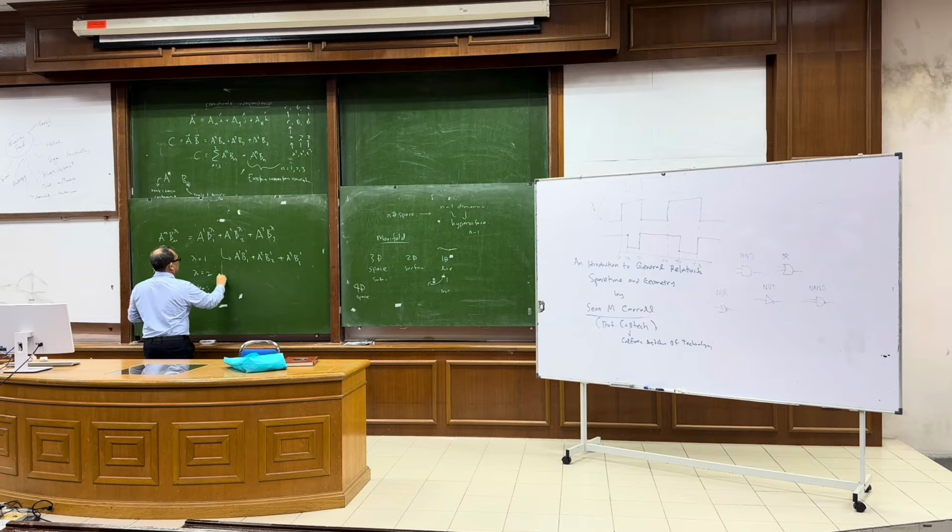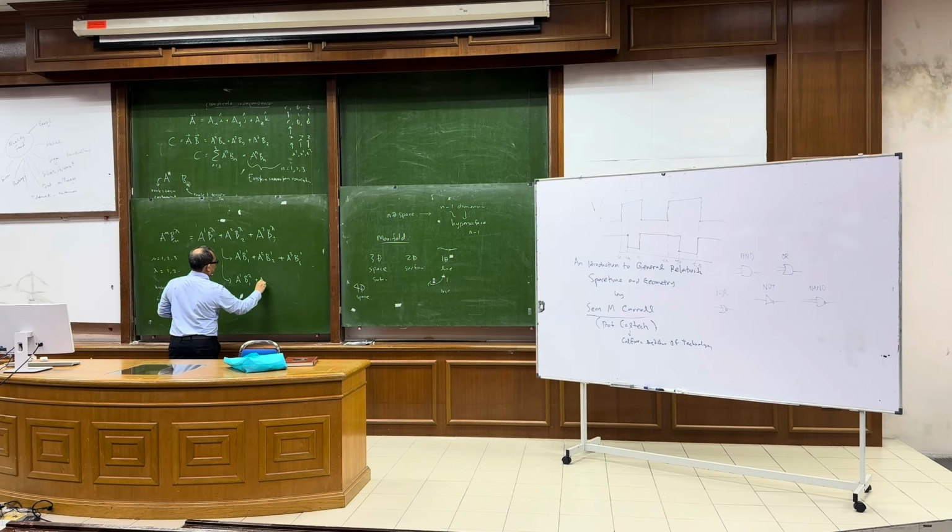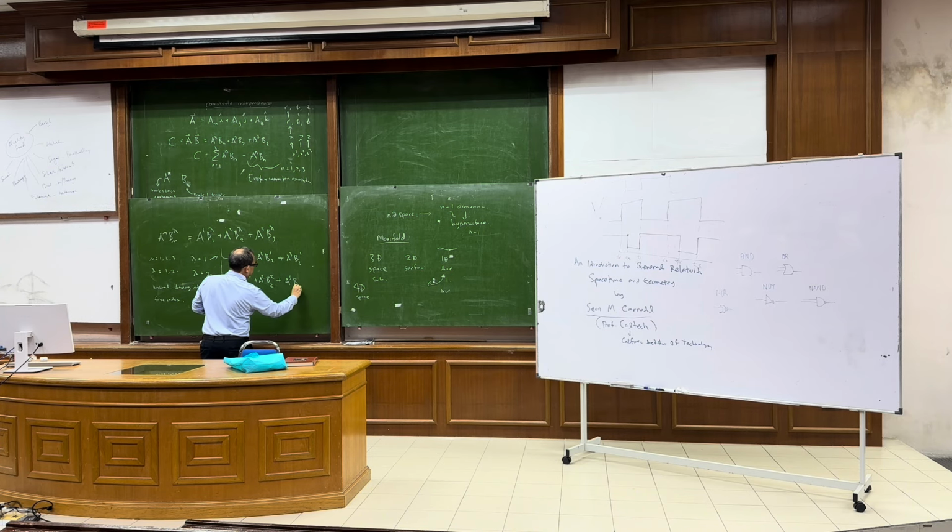And then the other one is A1 B1 2 plus A2 B2 2, when lambda is 2, plus A3 B3 2. That's how. Okay, got it? Easy kan? That is Einstein summation convention.